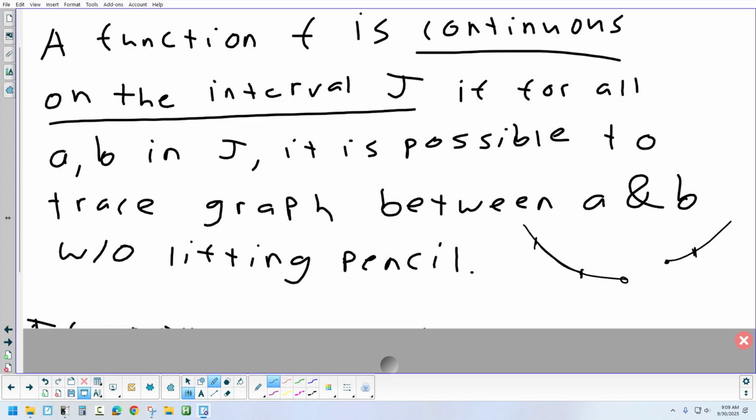You could trace from here to here without ever lifting your pencil. That's fine. But if you tried to trace from B to C, you can't do that, right? From B to C, there's a break in the graph. Okay.